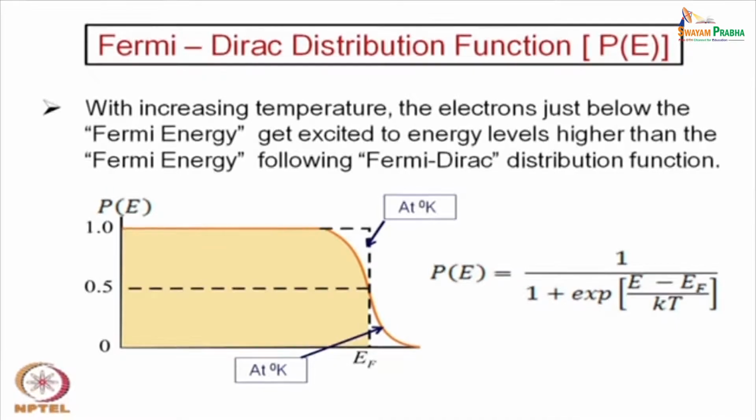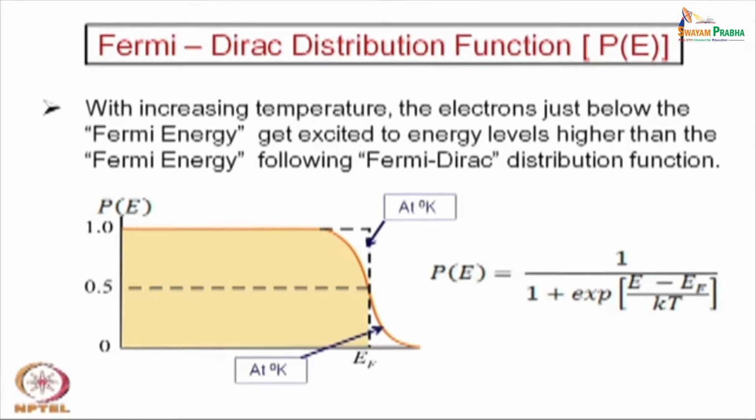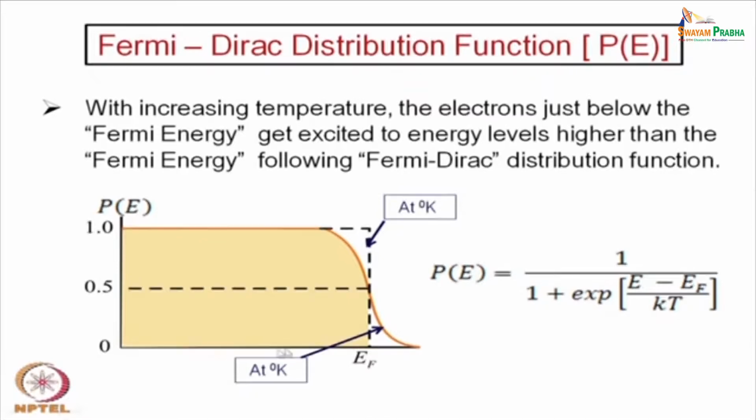With increasing temperature, the electrons just below the Fermi energy get excited to energy levels higher than the Fermi energy following the Fermi-Dirac distribution function. The energy diagram has been plotted here in a different way. This is the energy, which was on the vertical axis, here on the horizontal axis, and here it is the probability.